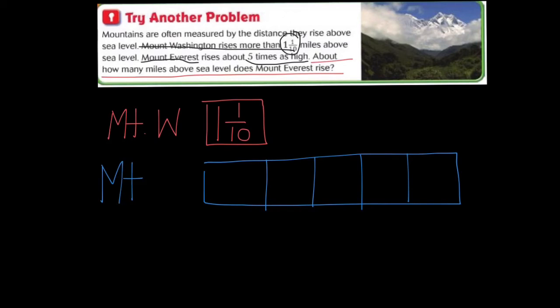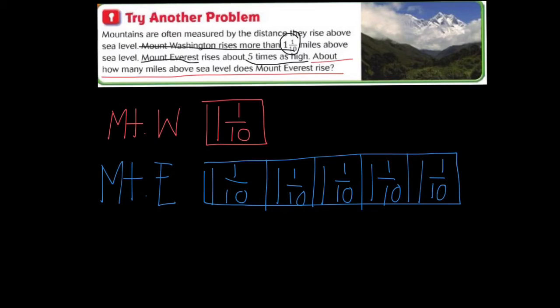I can't even imagine climbing Mount Everest, but people do it. 1 1/10, 1 1/10, 1 1/10, 1 1/10, and another 1 1/10. So I don't know the total here yet. That is my M.